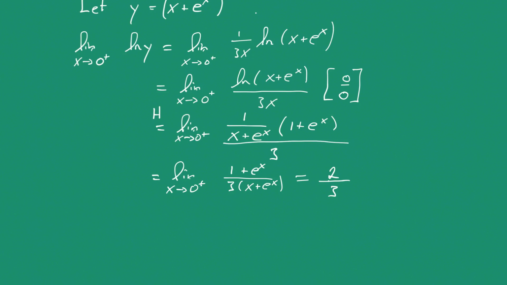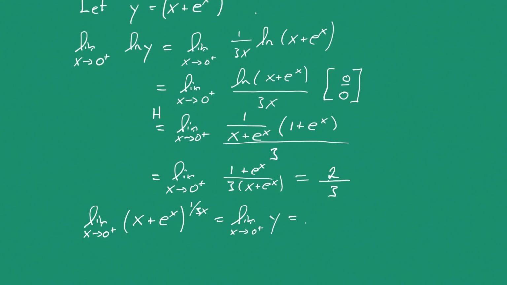We say, so the limit as x tends to 0 from the right of (x plus e to the x) to the exponent 1 over 3x. That's the limit we were first interested in. That's the limit as x tends to 0 from the right of what we called y.